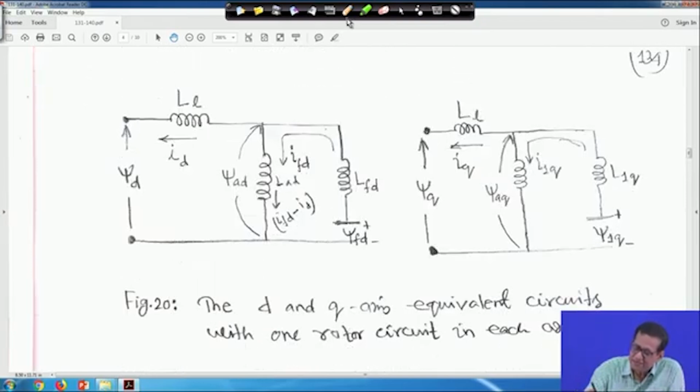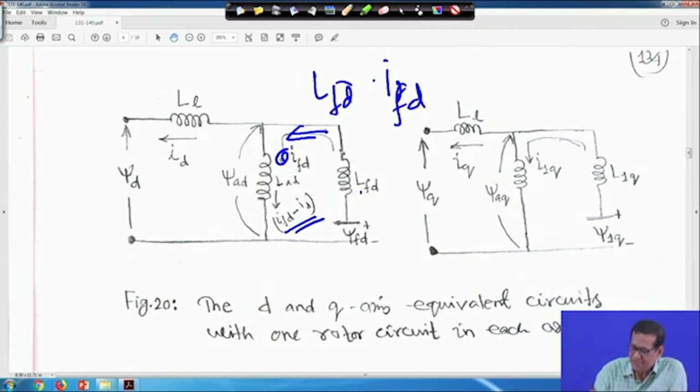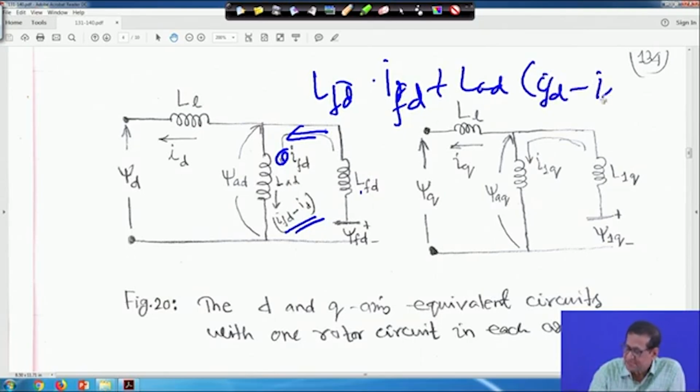There should not be any confusion here: this current is IFD, and actually in this branch the current is IFD minus ID. Now, if you apply KVL anticlockwise, then LFD IFD plus LAD times (IFD minus ID) minus psi FD is equal to 0.